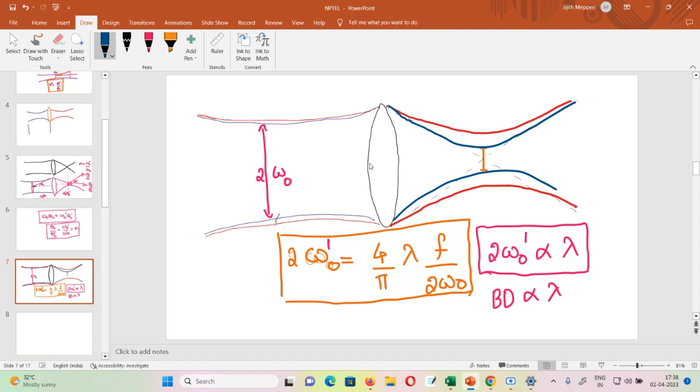Now the question is, what is the practical application of this? How is this actually important? As a question, this is very simple, but it has very high relevance in microscopy and imaging. Can anybody tell?